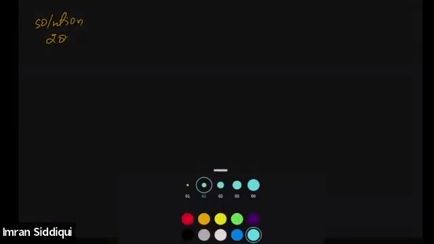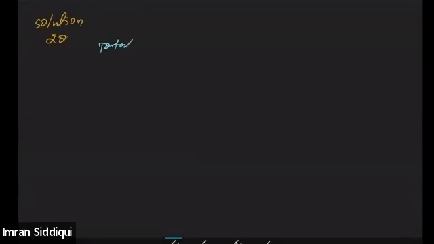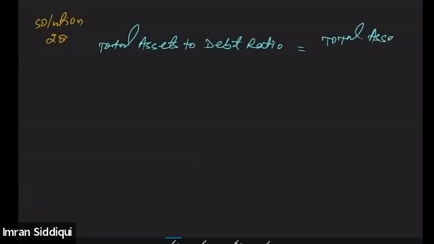Again, we'll apply the formula: total asset to debt ratio equals total assets divided by debt.